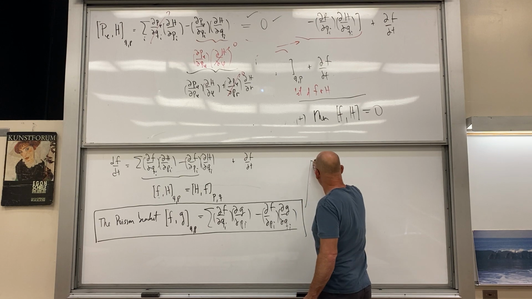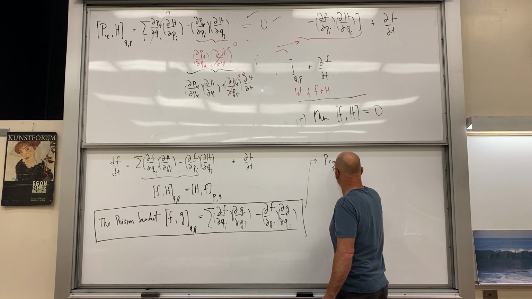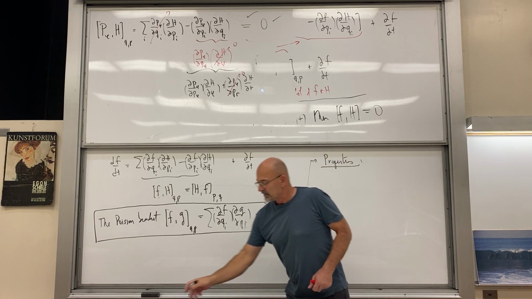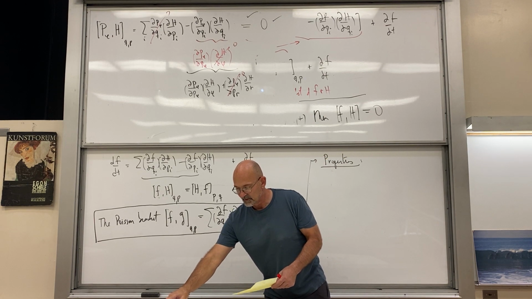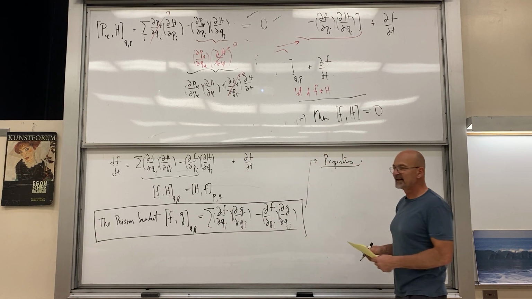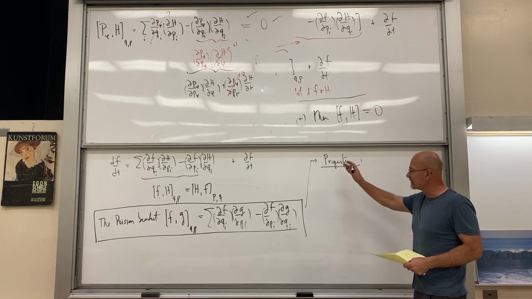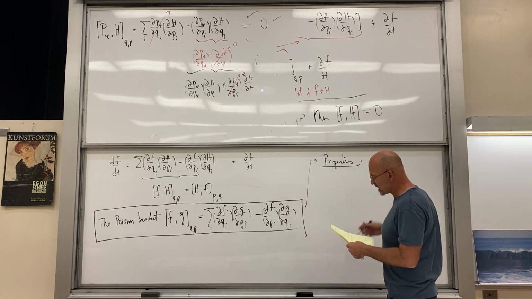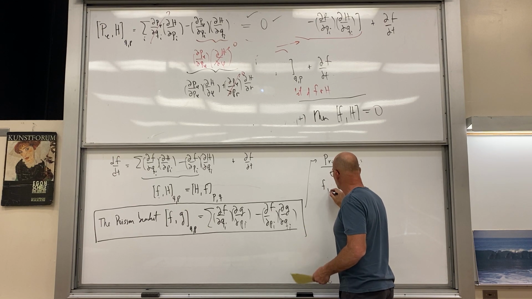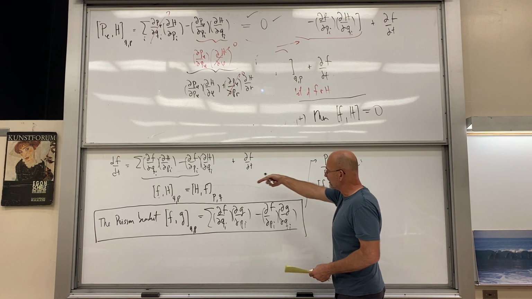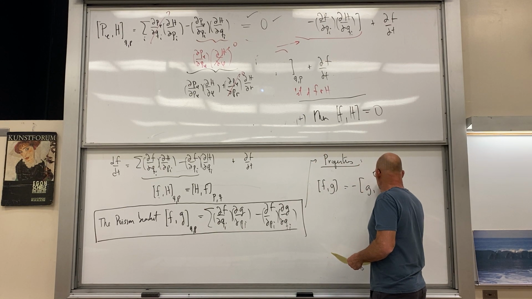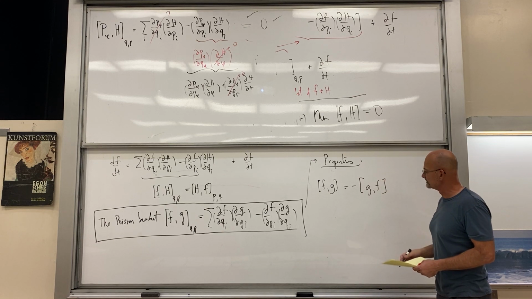So, properties. I want to list a couple of properties here, and they're basically trivial enough just to write them down, inspect the definition and then check them off. First of all, as just noted with these alternative definitions, Fg is minus GF.